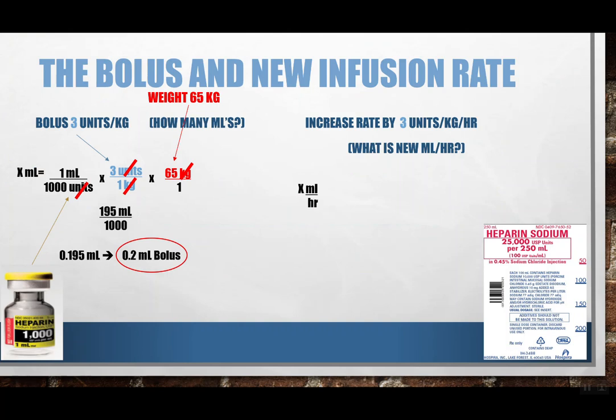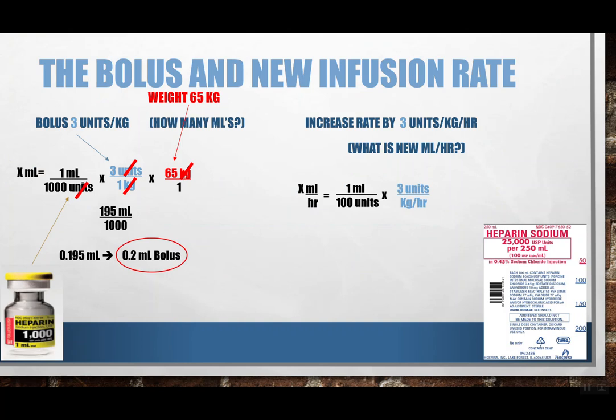And then we want to increase the infusion rate, which is the new mils per hour, which the question is 3 units per kilograms per hour. So I need to look for the mils per hour. So where do I pull that information from? I have 1 mil, which is 100 units, which again I left on the bottom right for you to be able to see what I have. I need to cancel those units out because I want mils per hour.